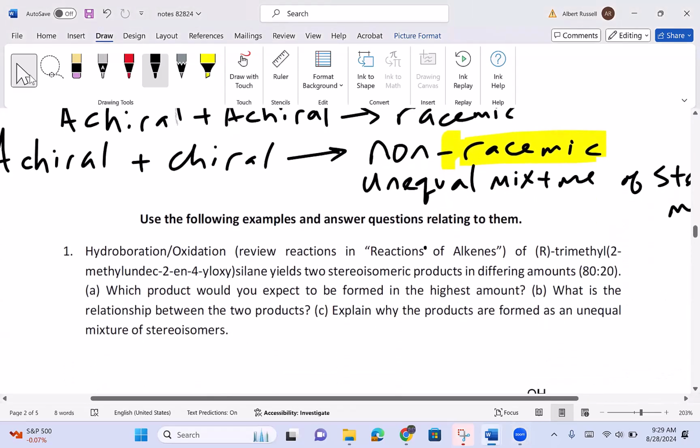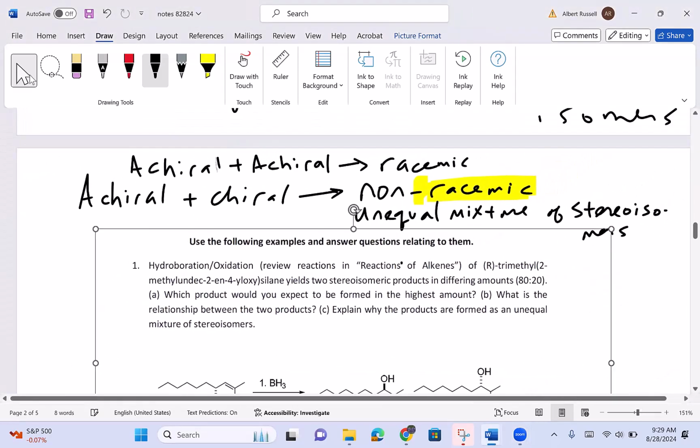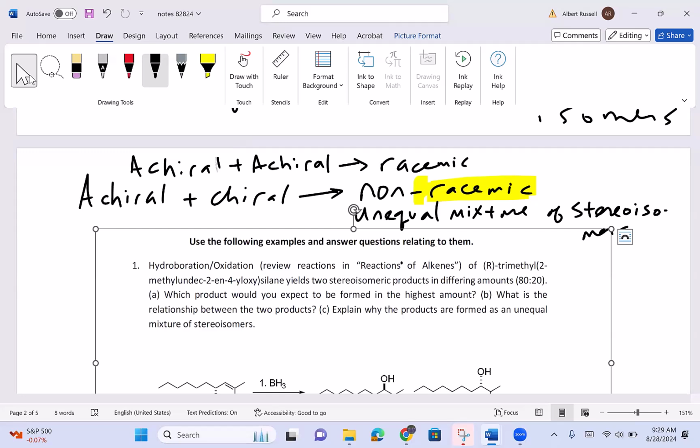Let's apply this. Right. Again, we talked about chiral catalysts. That's one way to make chiral centers. The other way to make chiral centers is to start with a pre-existing chiral center and use that to dictate the stereochemistry of a reaction, right? And again, let's take this back to the essence. Why is this important?